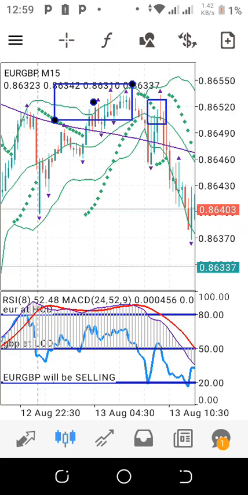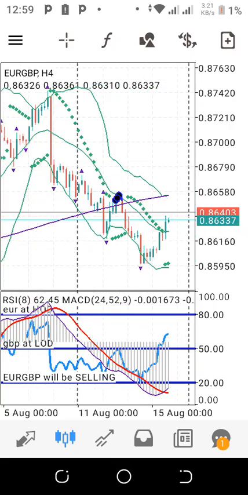Another confirmation is when I see the fractal sign before the day closes, that is the last candle on the 4 hours.